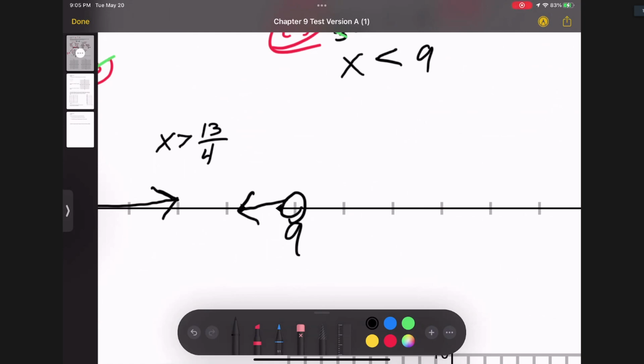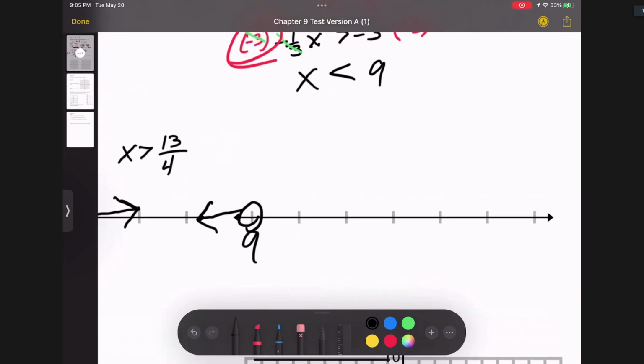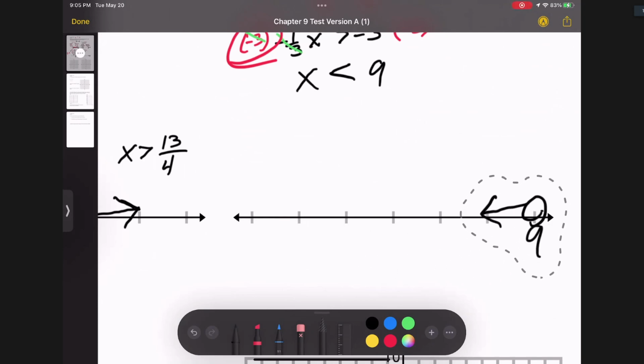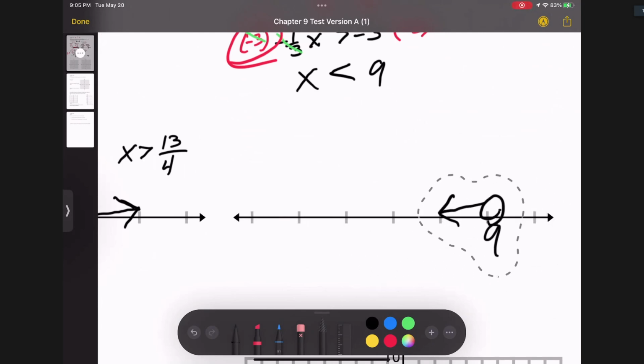There's a number line in the classroom. You can actually see which side is left, which is going to be just the negatives, and then the right side is going to be all the positives. So you're going to be going down because you're going less than 9, going down. If you wanted to have it, let me just move it. If you want to have it over here, same thing. If you want to have it over here, same thing.